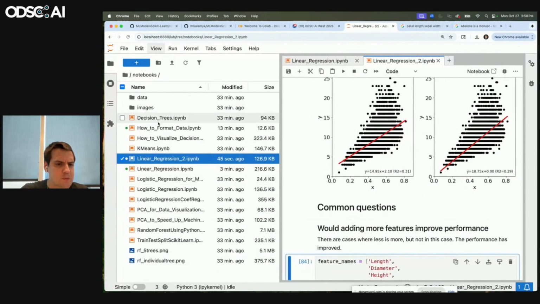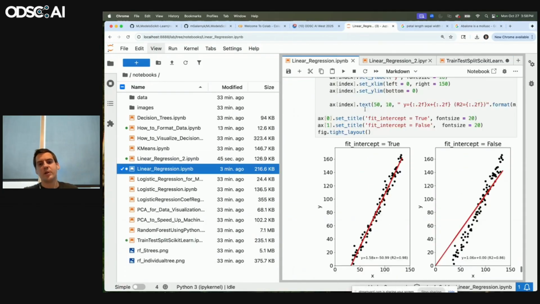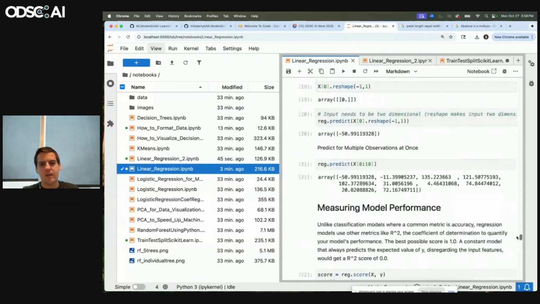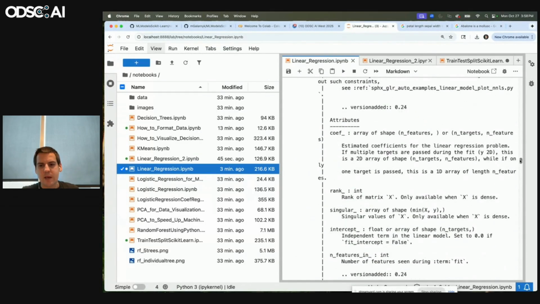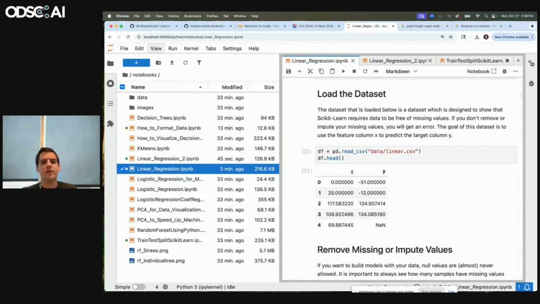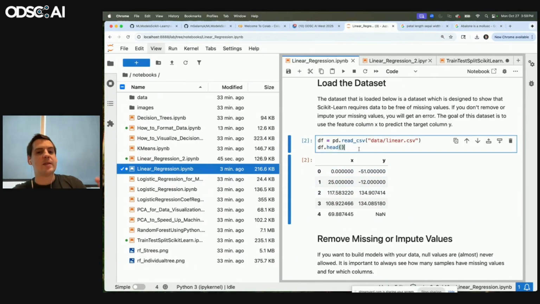So for train test split, let's go through one thing I want to mention. With this linear regression notebook, one thing you might have noticed, if you look at my data set, and I'll scroll up very slowly, is that I had one column, my X, and one column, my Y, that I put into a Pandas data frame.